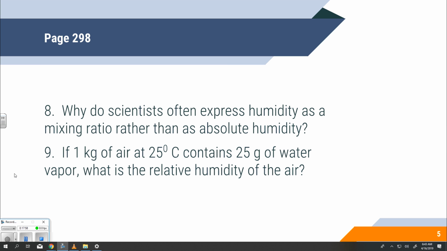It is not affected by temperature or pressure changes. Again, because it uses only units of mass, it is not affected by temperature or pressure changes.